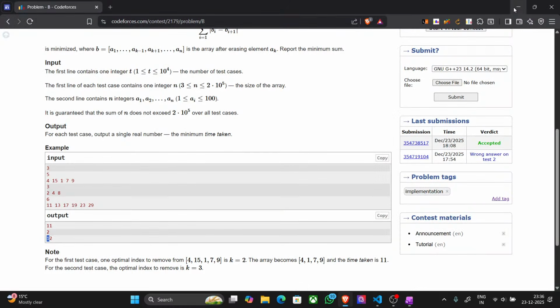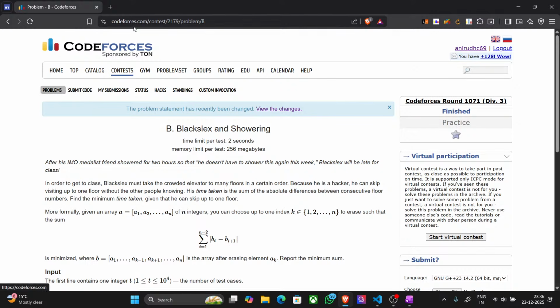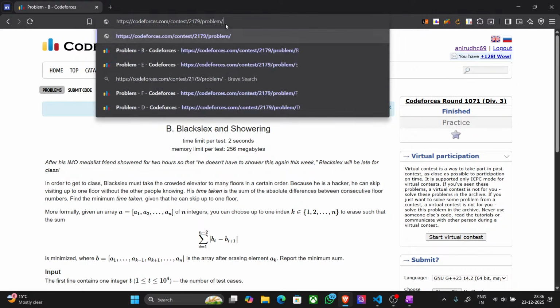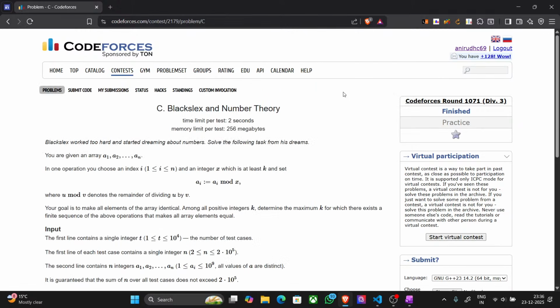Okay. How many problems did you guys solve till now, during the contest? Any problem that caused you trouble or was hard to understand? Anyone? Nobody. Okay, so let's start with the C problem.